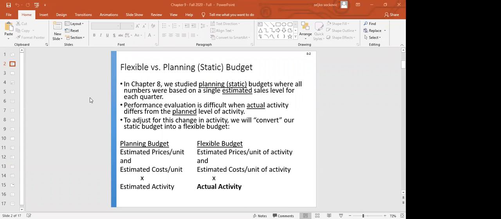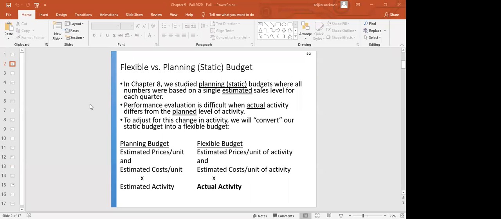But are the numbers different just because the activity is different, or is there also something else? So that's the idea behind the flexible budget. The flexible budget should separate things, weed out things like, did this happen just because the activity was different or also because of something else?